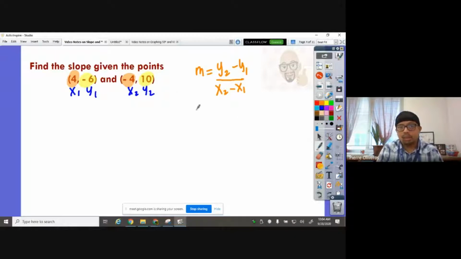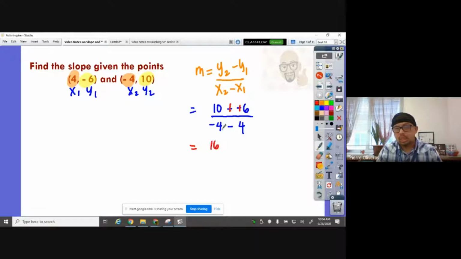So applying the formula here, our y sub 2 is 10 minus negative 6 over x sub 2 is negative 4 minus, that's part of the formula, 4. We all know that negative negative will become positive. So this will be 10 plus 6, which will be 16. Negative 4 minus 4 is negative 8. And that will give us negative 2. So our slope here, m equals negative 2.